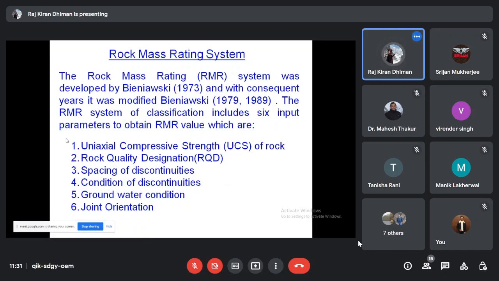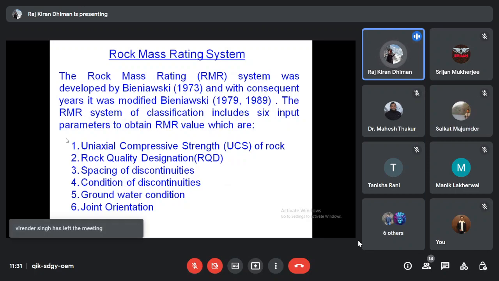There are different types of rock mass classification systems that I will show briefly in one slide. But if we talk about only rock mass rating, it has its own 5 or 6 parameters. One is the uniaxial compressive strength of the rock. Second is rock quality designation. Third is spacing of discontinuities. Fourth is condition of discontinuities. Fifth is groundwater condition, and sixth is joint orientation.